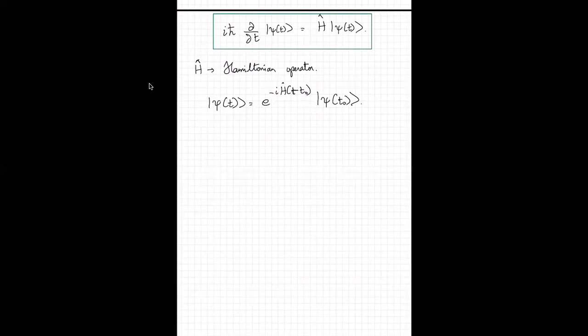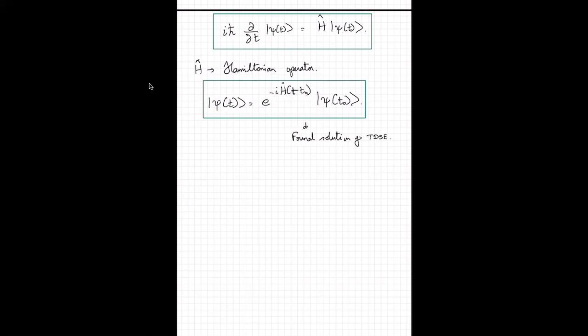This is the formal solution of the Schrodinger equation. Since I'll be using the Schrodinger equation again and again, I will write down the time dependent Schrodinger equation.